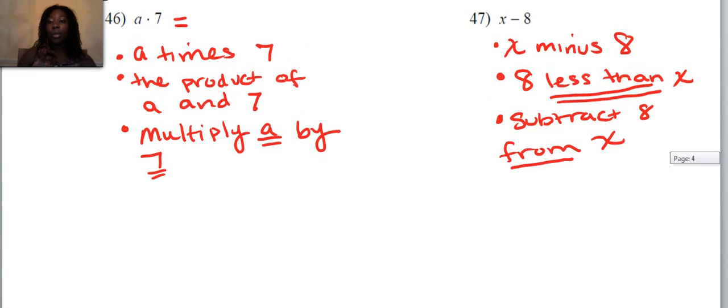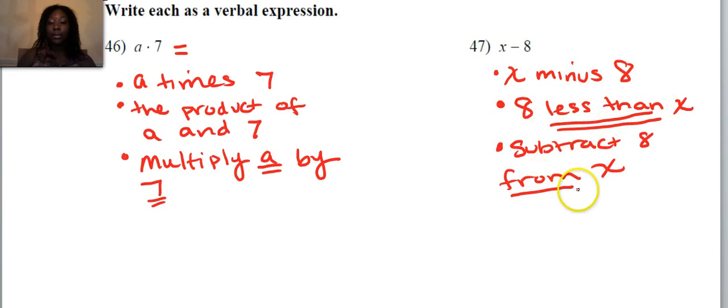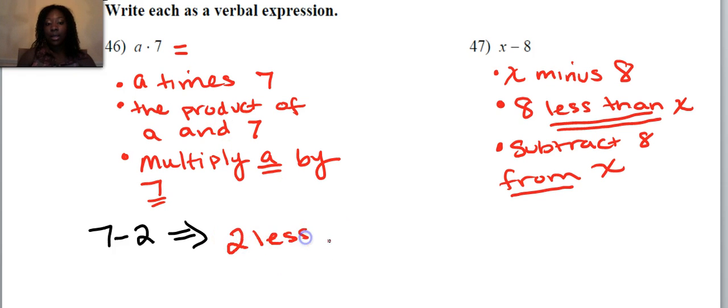So we need to be very careful with this word less than or subtract form. Let's look at regular examples that don't have variables. Let's say 7 minus 2. If we were to say 2 less than 7, that would be correct because 2 less than 7 is 5, right?